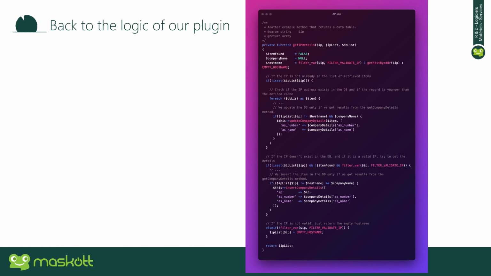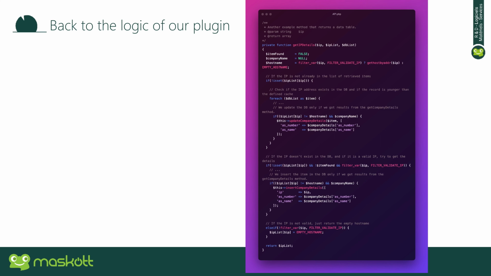The other thing that might interest you in the development of a plugin is how to store data in the database. So back again to the logic of our plugin. So here in this getIPDetails method that we've just seen, remember that we're checking the database to see if there is an entry for this IP, and if there is one, we update the details of the entry. If not, we create a new one.